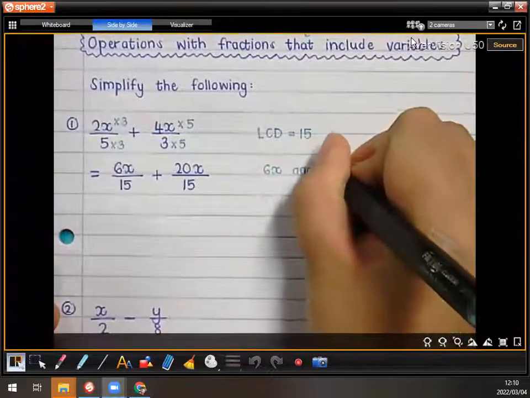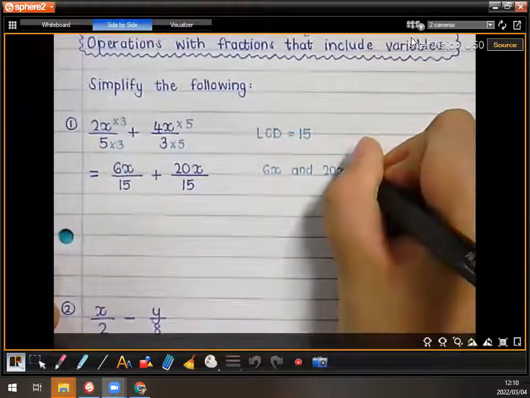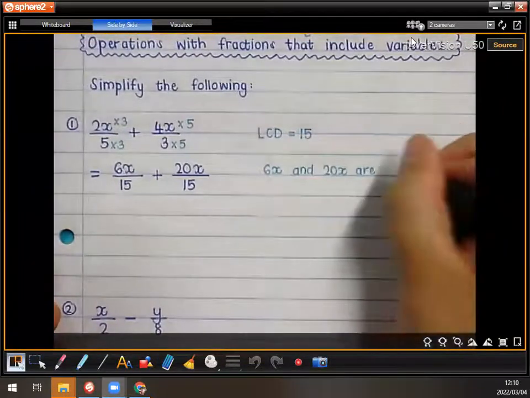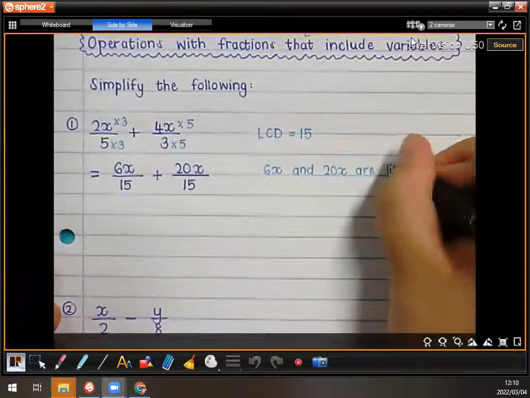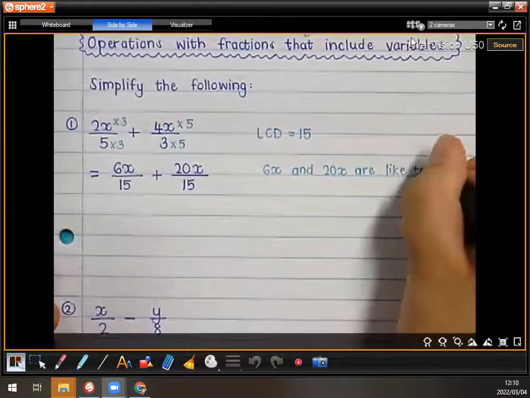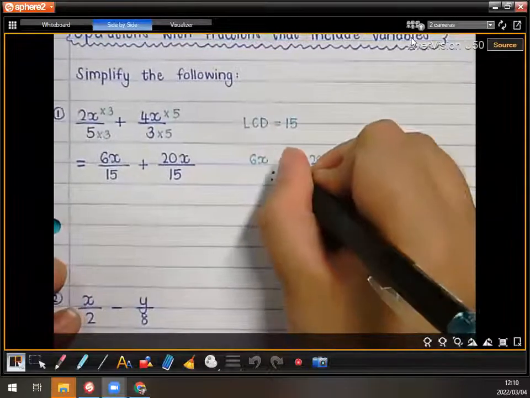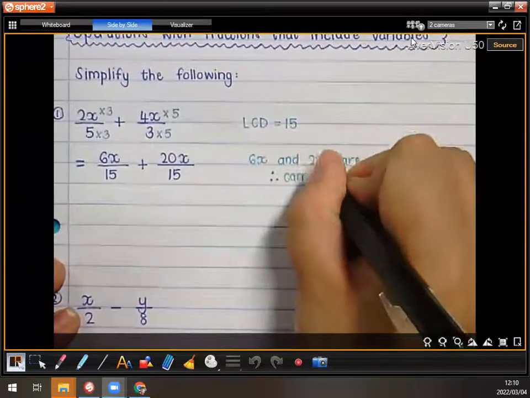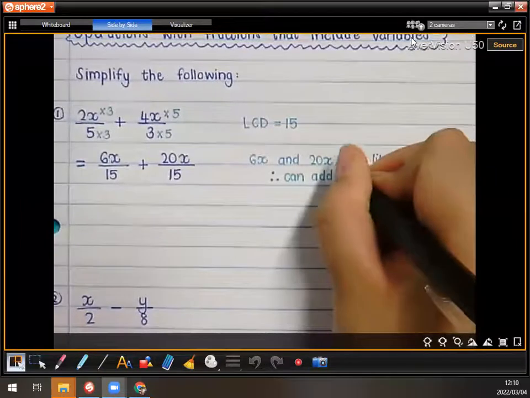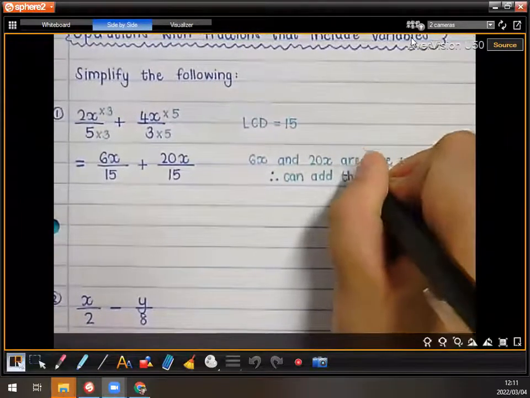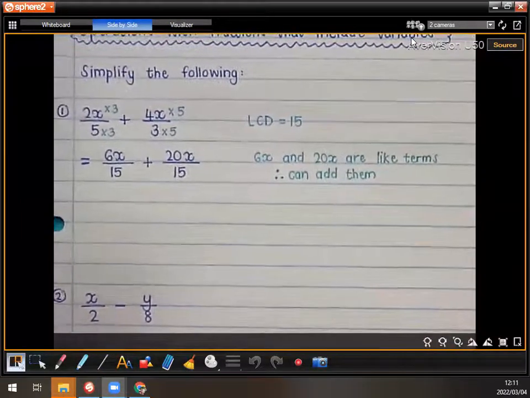So 6x and 20x are like terms. Therefore, can add them. You'll see in the next question what happens when they're not like terms and how we then need to write our final answer.